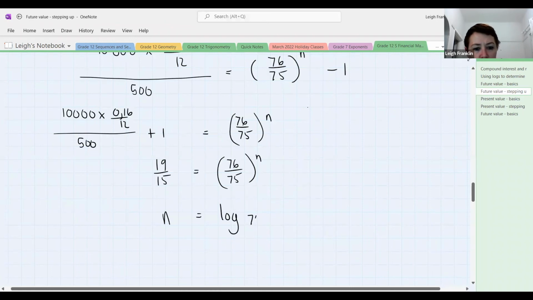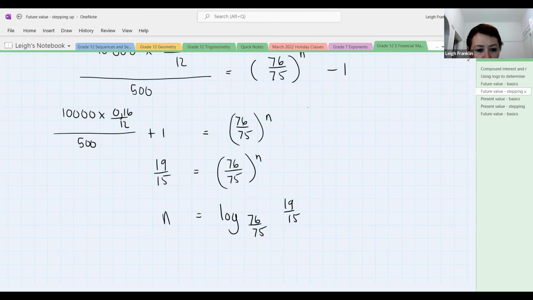Log base 76 over 75 of 19 over 15. Let's check if I get the same as you. Agreed. I saw a lot of you had written this down.